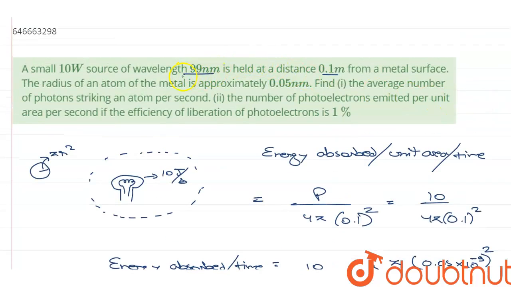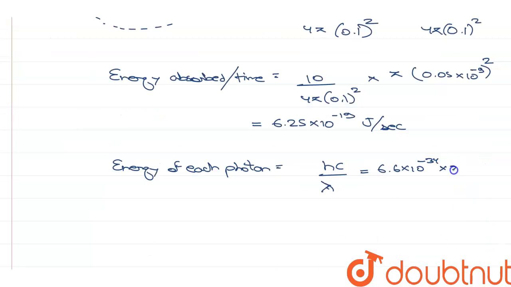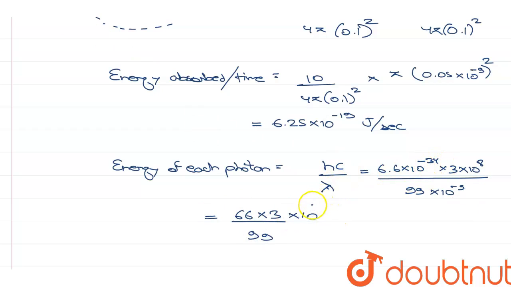But since the wavelength of the source is given as 99 nanometers, the energy of each photon will be equal to hc by lambda, which is equal to 6.6 into 10 raised to the power minus 34 into c, which is 3 into 10 raised to the power 8, upon 99 into 10 raised to the power minus 9, which is equal to 66 into 3 upon 99 into 10 raised to the power minus 34 minus 1 plus 8 plus 9.